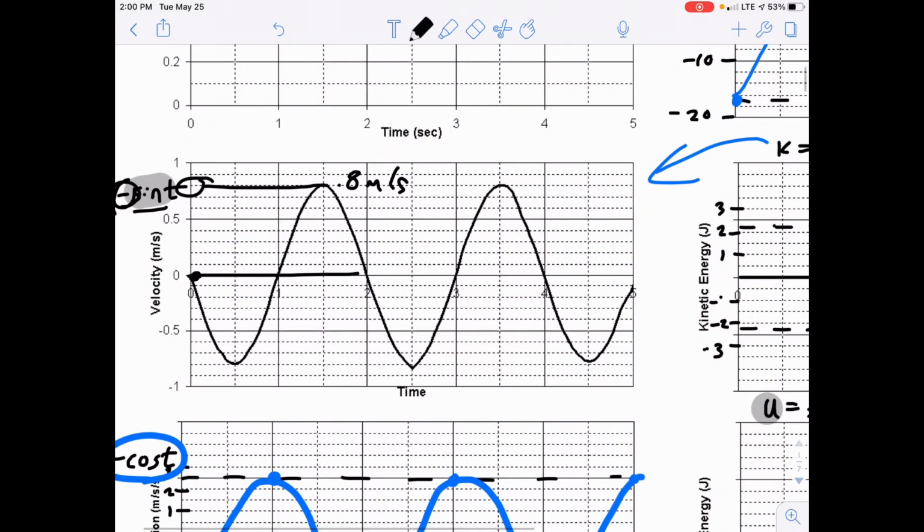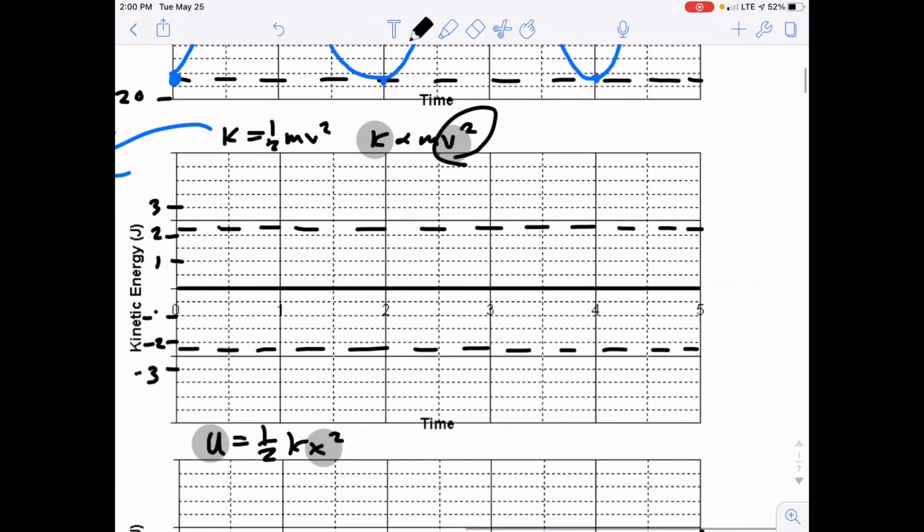You know you're starting at 0. You know you're going to come back to 0 every single second. Just like that. And that means the rest of the graph goes up to a maximum at half a second, 1½, 2½, 3½, 4½ seconds.